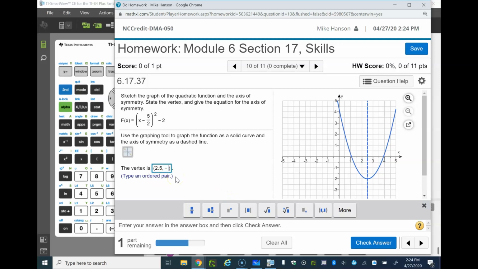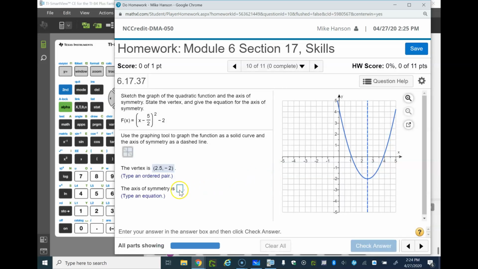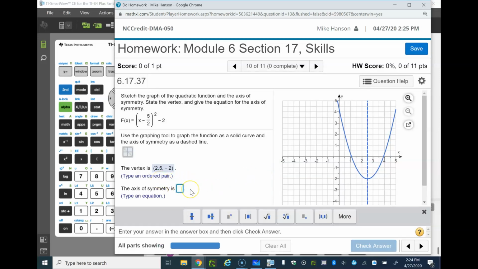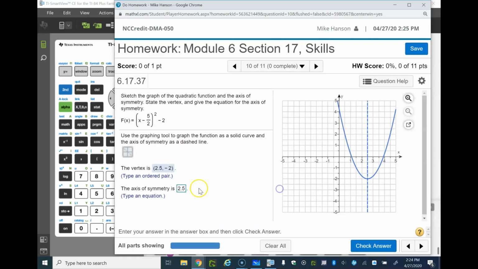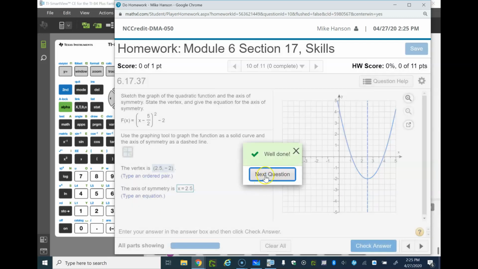So make sure you're inside the box when you write the vertex in. And notice here, again, if you just put 2.5, it's going to mark it wrong. So remember, always put the x equals in front of it. And I'm done with this problem.